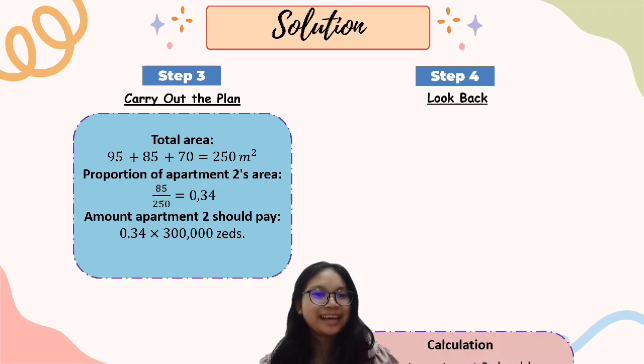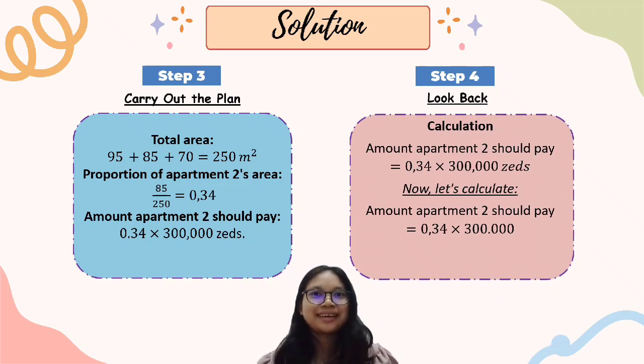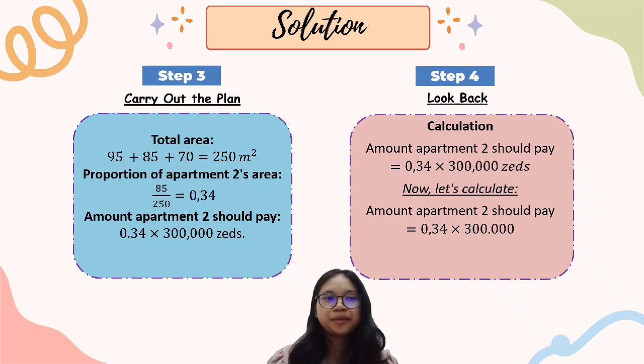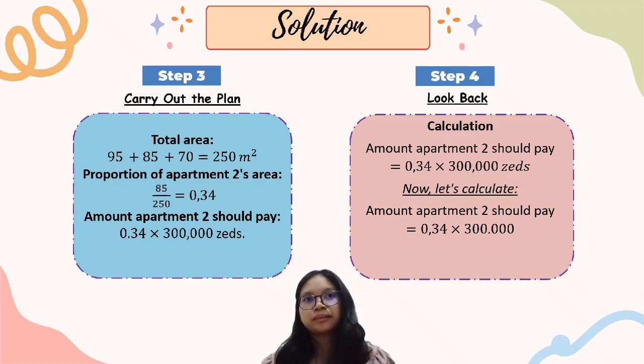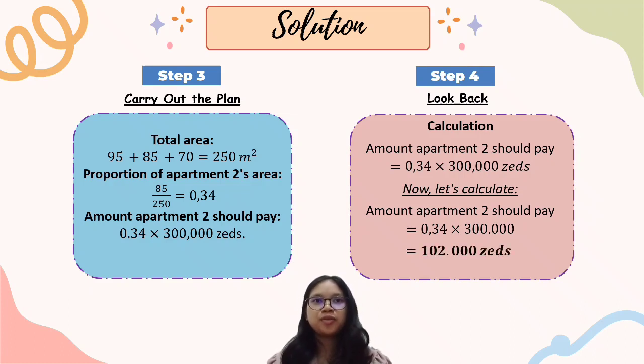The fourth and last step is to look back. The amount calculated in step 3 represents the fair contribution that the owner of apartment 2 should make toward the total selling price of the building. After we calculate 0.34 times 300,000, we get 102,000 zeds.